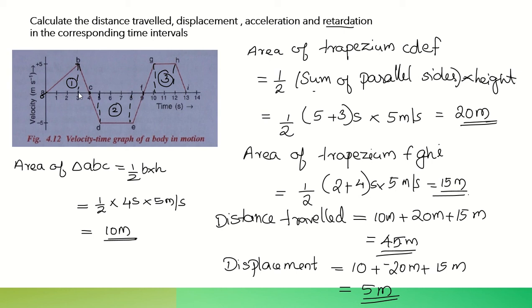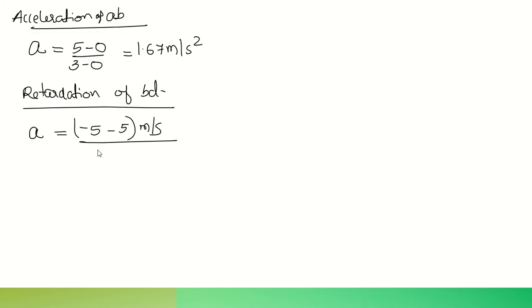Once again, observe the graph. Final velocity corresponds to 5 seconds and initial velocity, because it started from B, so initial time is 3 seconds. Okay, so this is going to be 5 minus 3. So minus 5 minus 5 is minus 10. Minus 10 divided by 2, that is equal to minus 5 meter per second square. Okay, so this is the retardation.